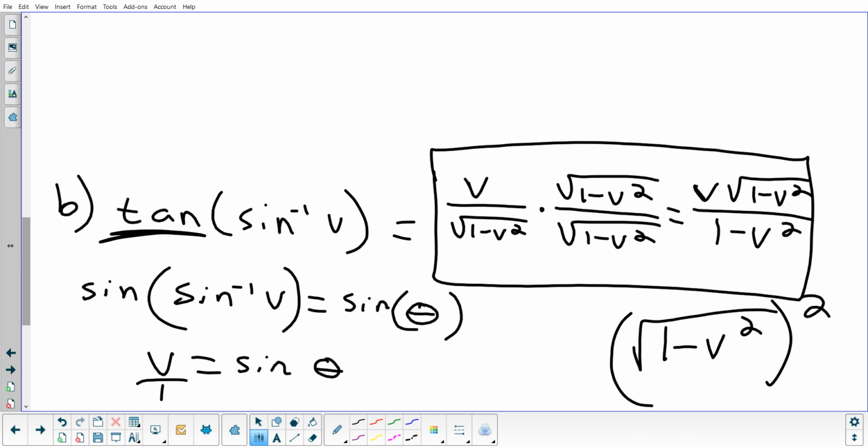So that one had one extra step compared to the last one because we couldn't leave the square root in the bottom. I'm not going to check this one, but if you typed in what's on the left in y1 and what's on the right in y2, the graphs would look identical. Yes? Only the last part is the answer, right?